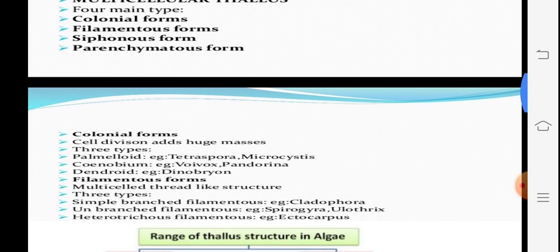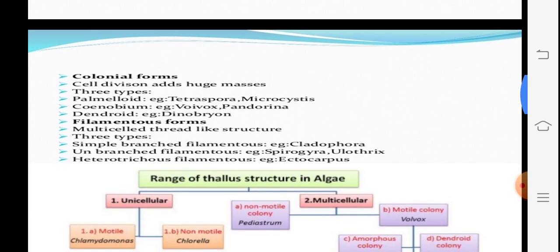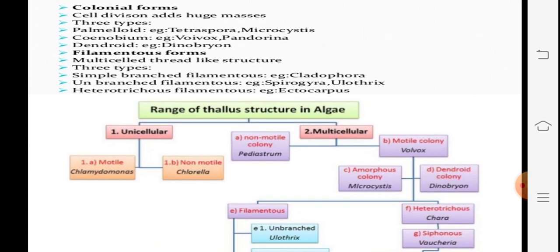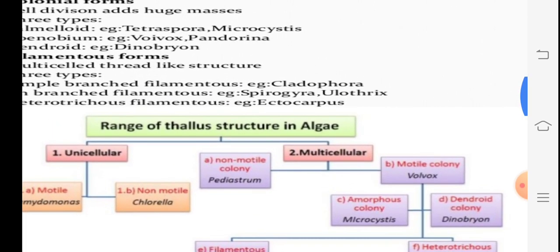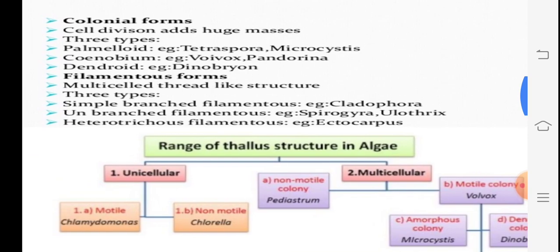The multicellular thallus has four types: colonial, filamentous, siphonaceous, and parenchymatous forms. In the colonial forms, cell division adds up to huge masses, and there are mainly three stages: palmelloid, coenobium, and dendroid.